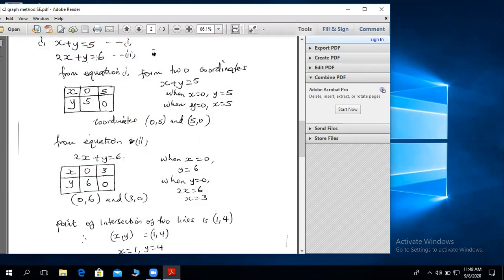For example, we have x plus y equal to 5. From this equation, x plus y equal to 5, we are going to form 2 coordinates. How? We draw a table of x and y. When you are plotting, you should have x and you should have y.